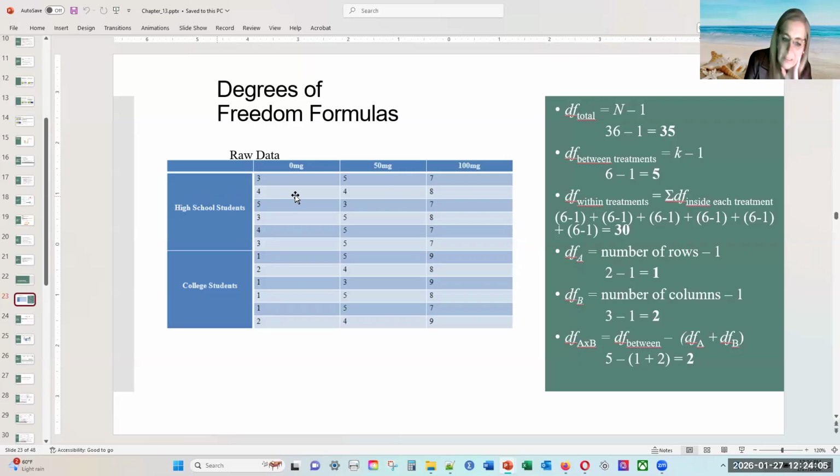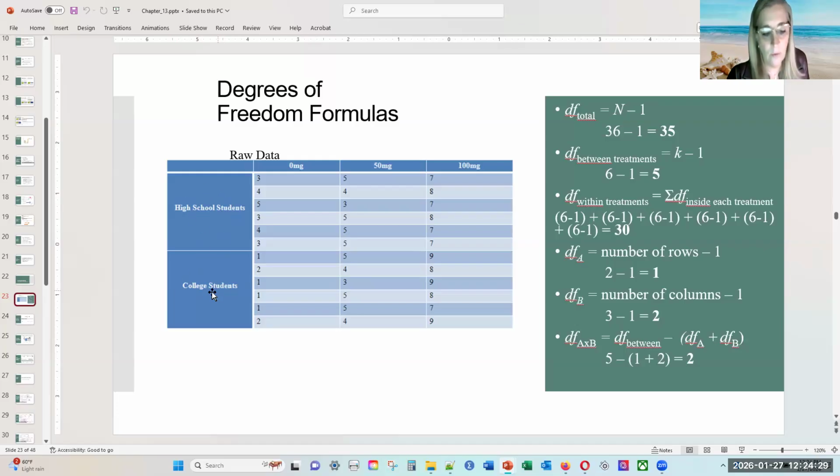And so you can see for each possible condition across the top, we have a factor with 3 conditions where they're being given some kind of medication. One group has 0 milligrams, others it's 50 milligrams, and another it's 100 milligrams. The other factor or independent variable has 2 conditions.